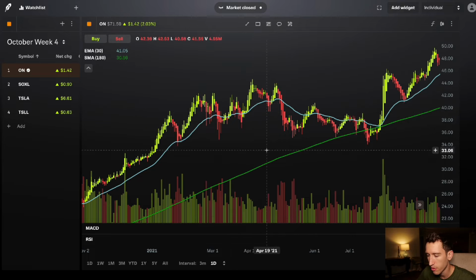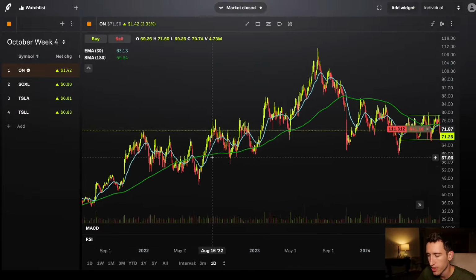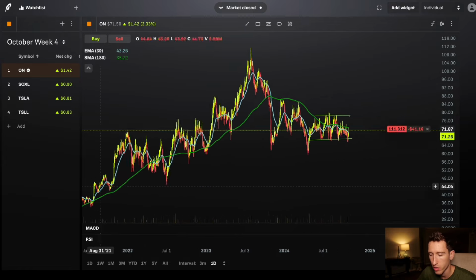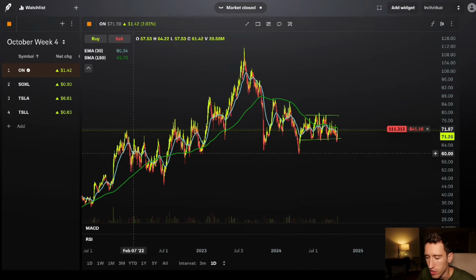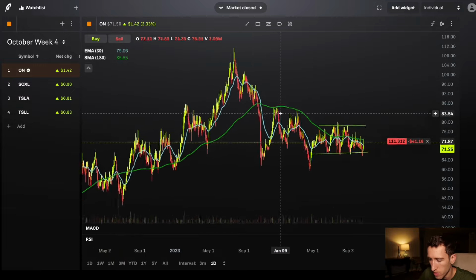Now, the other thing that we want to look at when we're looking at the EMA is sometimes we're going to have it cross over, and almost always when it crosses over is when we're going to have a change in direction. So a very clear example would be right here.